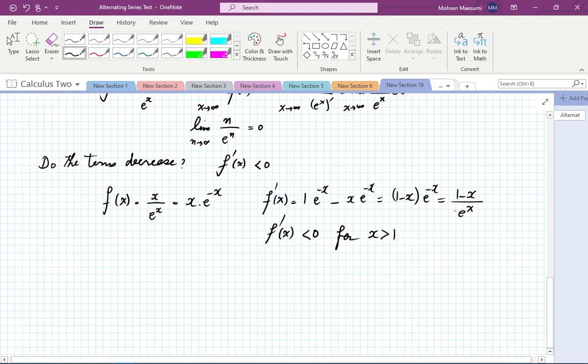What does that mean? It means the function that we are going to investigate, it's going to start to decrease after 1. So we have the following condition also met, that n over exponential of n is decreasing.